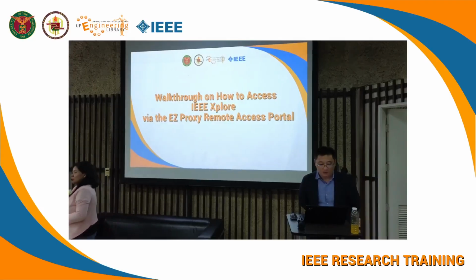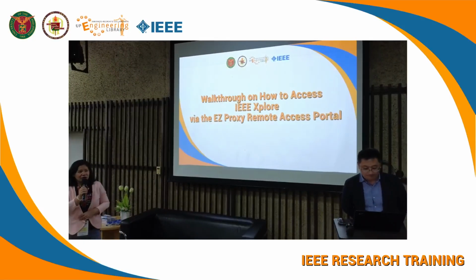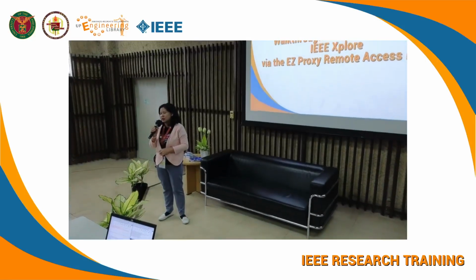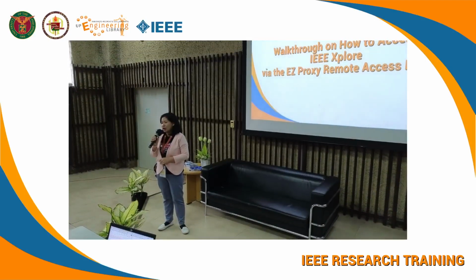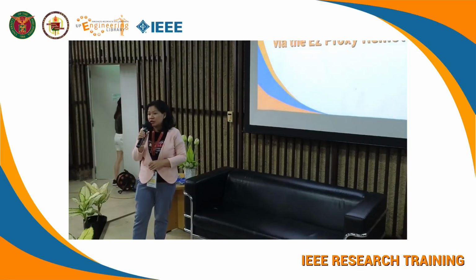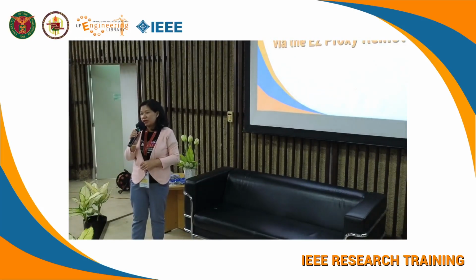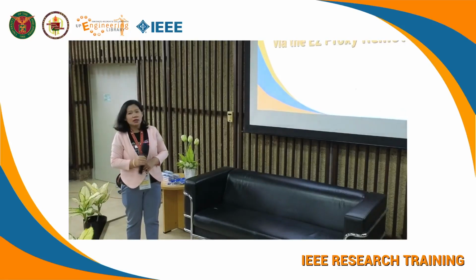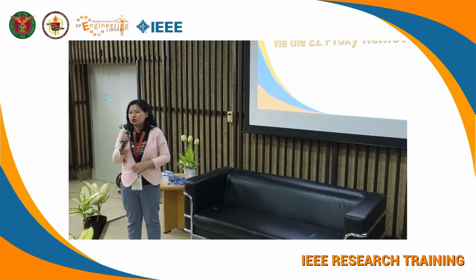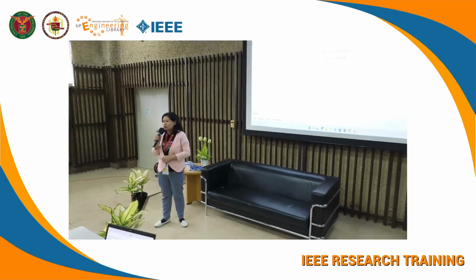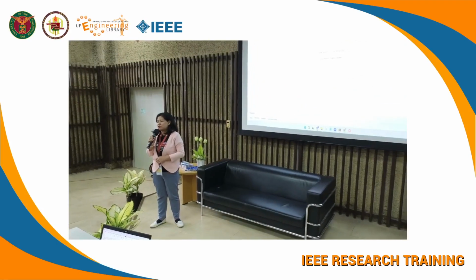So, before we go with Sir Alex's talk, we would just like to show you how to access IEEE via our remote access portal. So the first step is to always log in to your UP Mail accounts. For those who were not able to attend the AM session, may I know if you have already tried using the remote access portal?